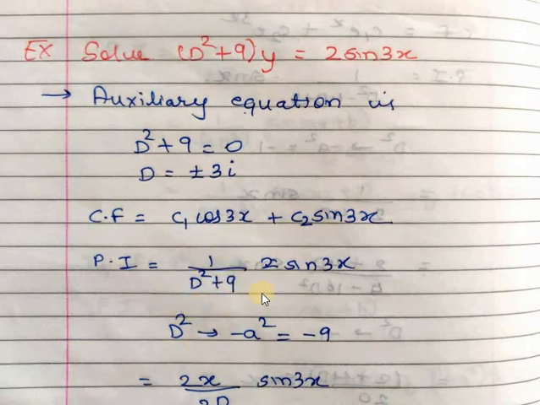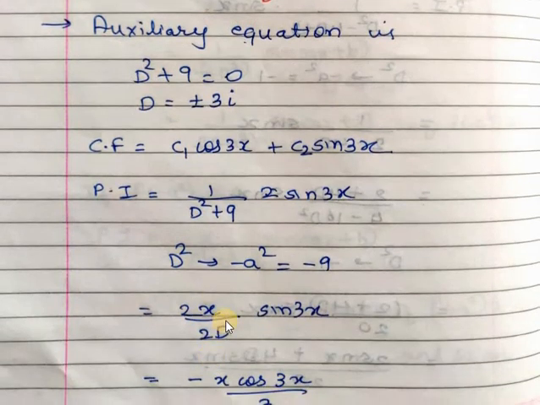So here it will be 2x divided by 2d into sin 3x. So here the 2 cancels out. So here it will be x into 1 by d into sin 3x. Now, 1 by d means what?